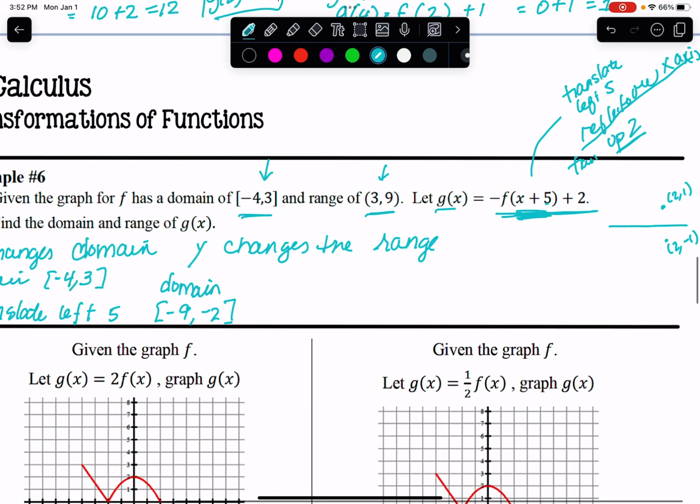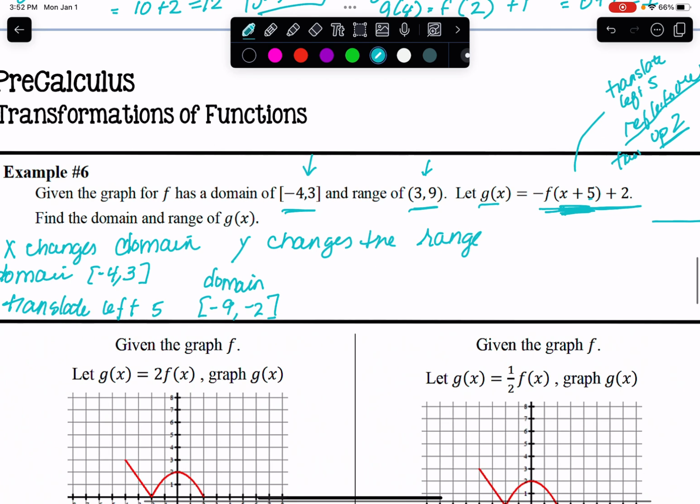So let's walk through. Our range started at 3, 9, and then we had to reflect it over the x-axis, so let's write down what we did. Reflection over the x-axis, the range would become -3, -9. Now this isn't a point.